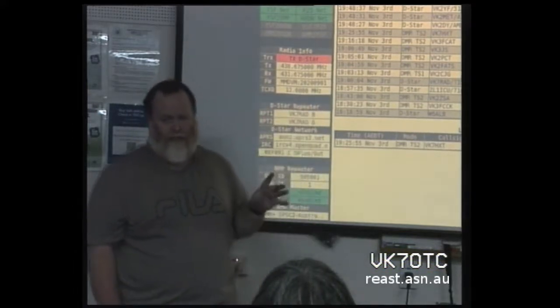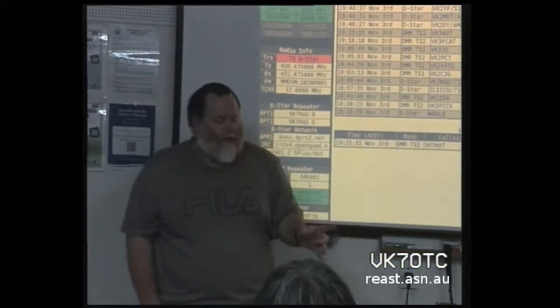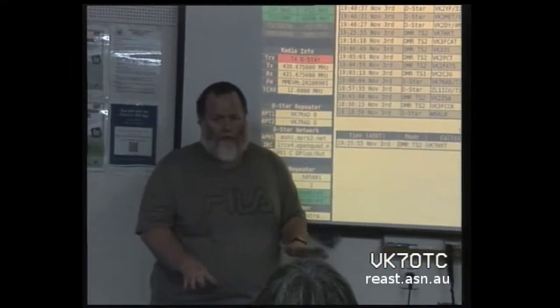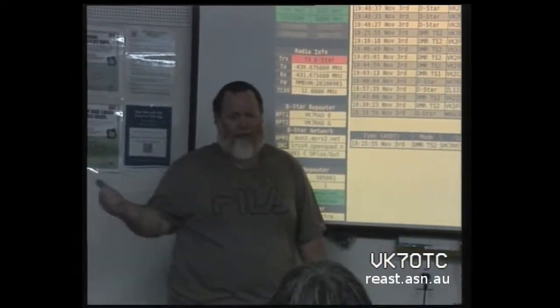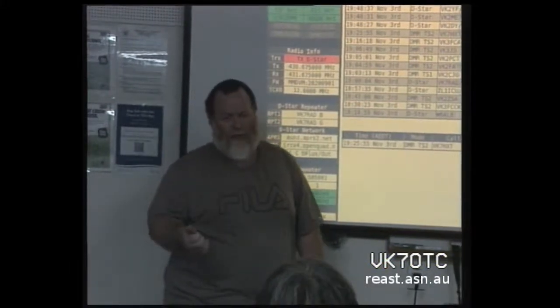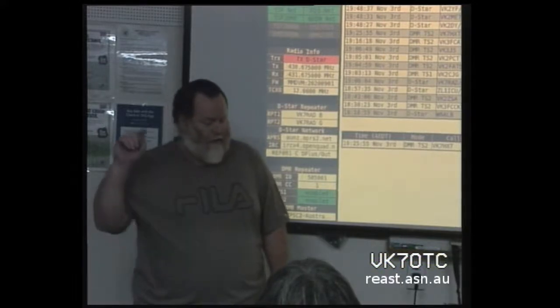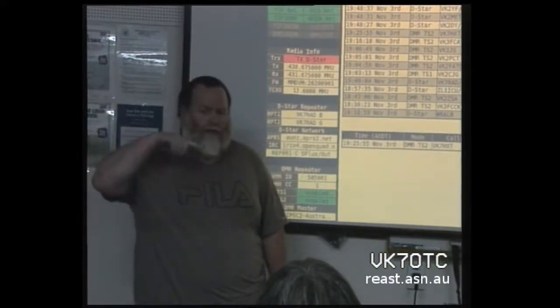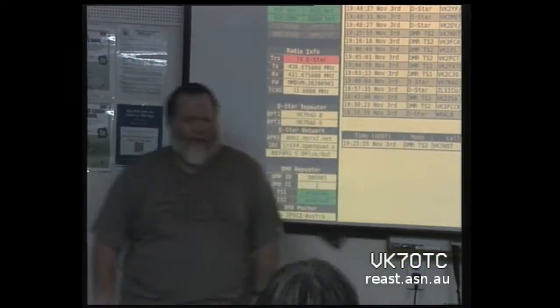The only difference is because it's on a simplex frequency, it's not full duplex. I have that open on the DM on all the modes, just in case there happens to be somebody down in the Kingston area that wants to access a digital mode. They can go through mine, because you will not get into the repeaters here in the city from Kingston on a handheld. Just not going to happen.